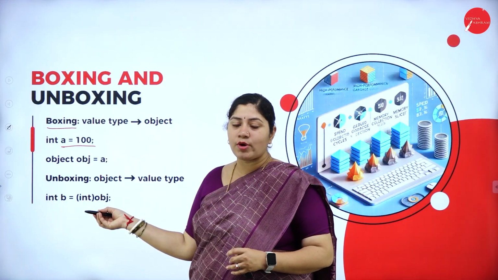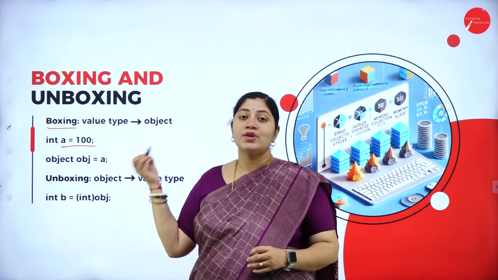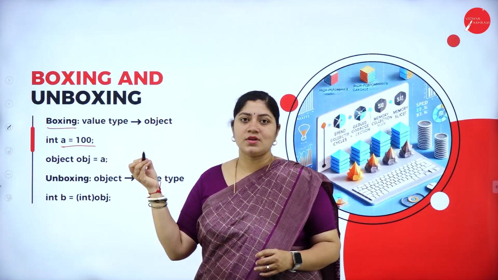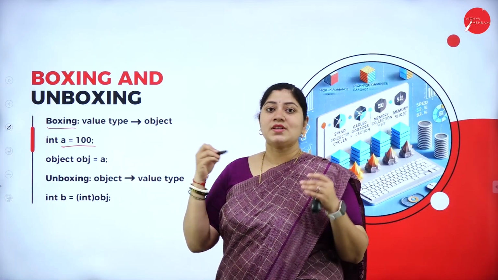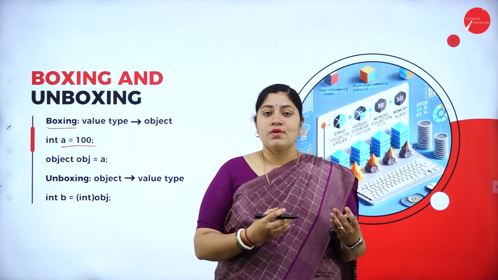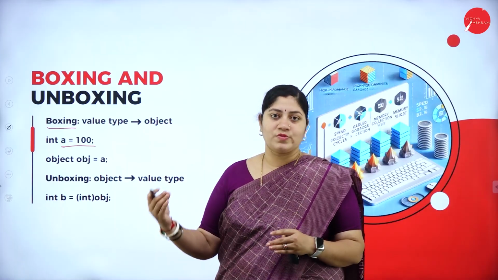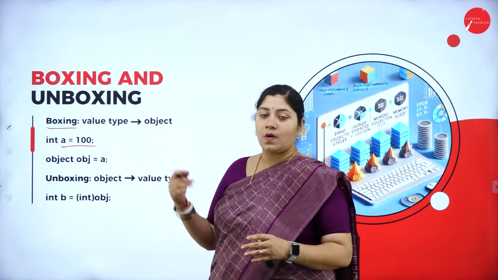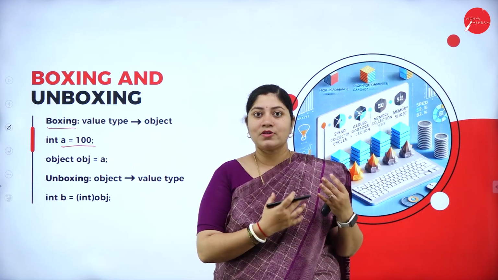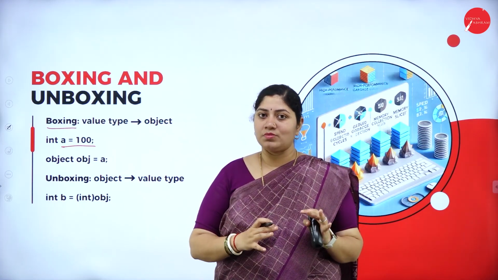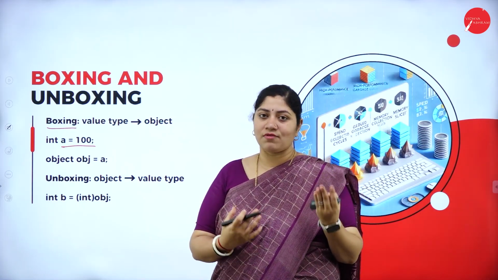Why do we do boxing and unboxing? Because we know C# is an object oriented programming language, so there is a requirement that we have to work with objects. But some data or input will not be in the form of an object, it will be in the form of data values.